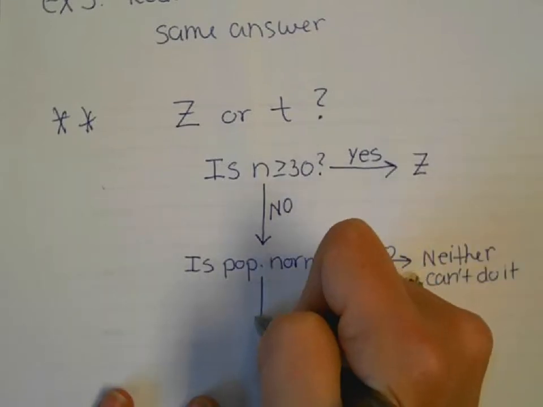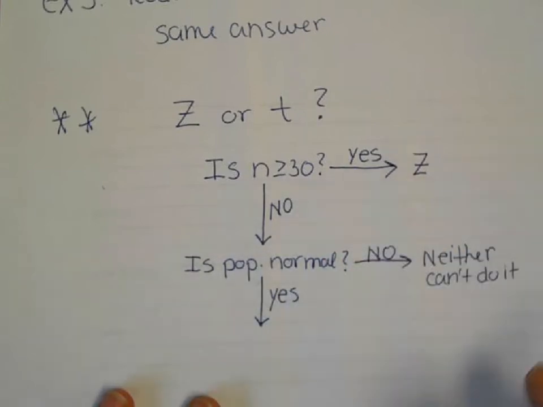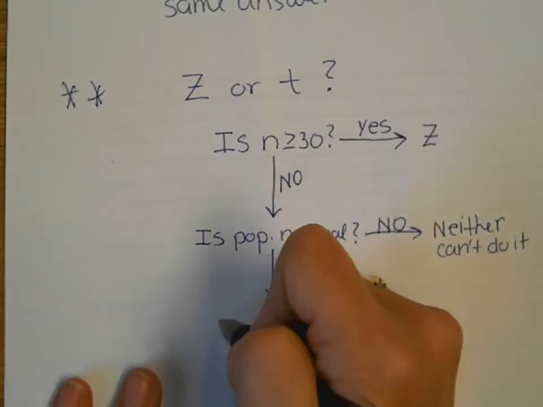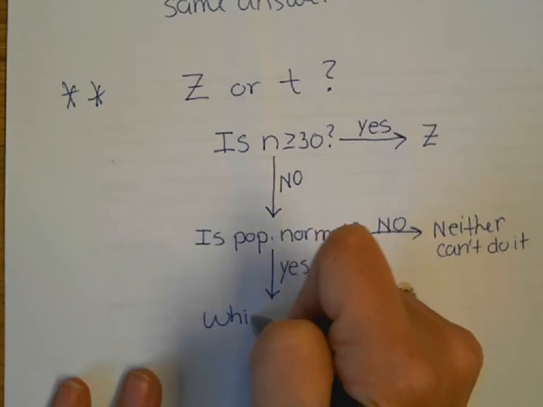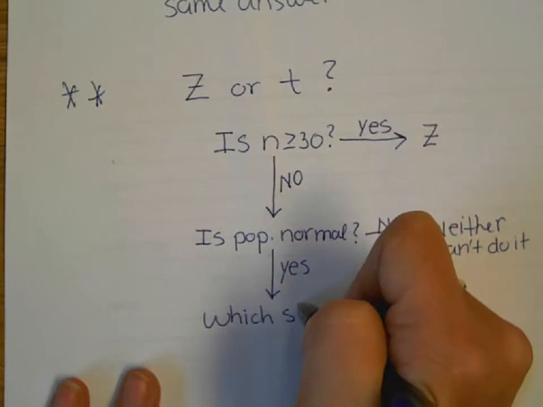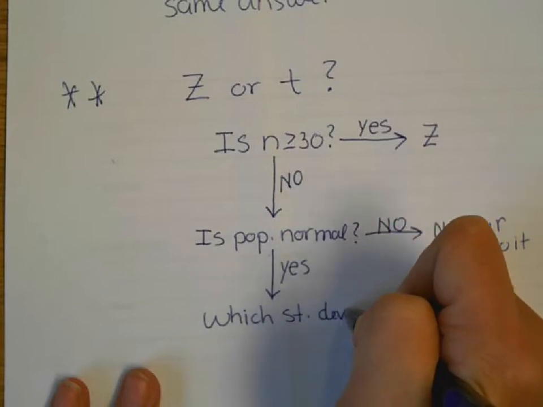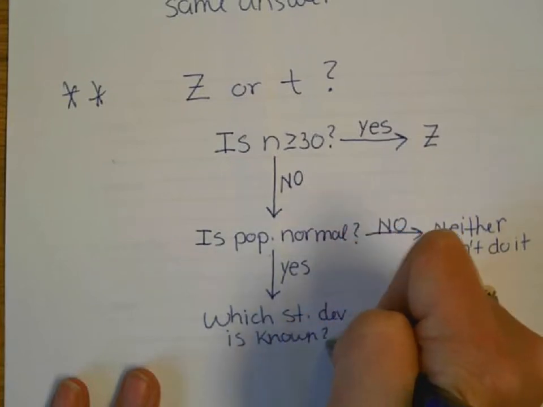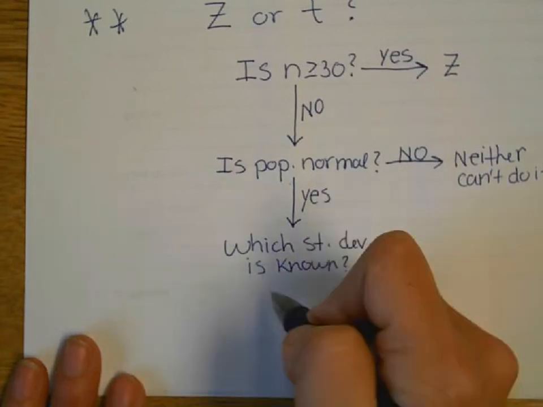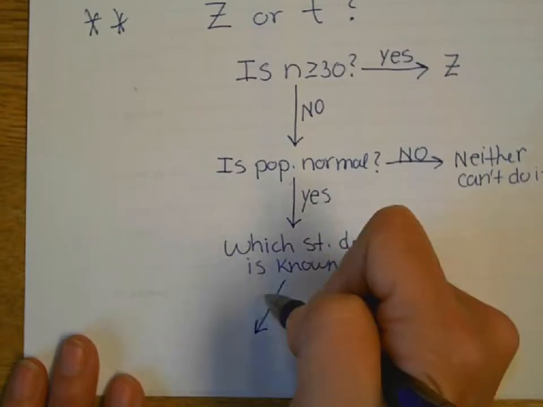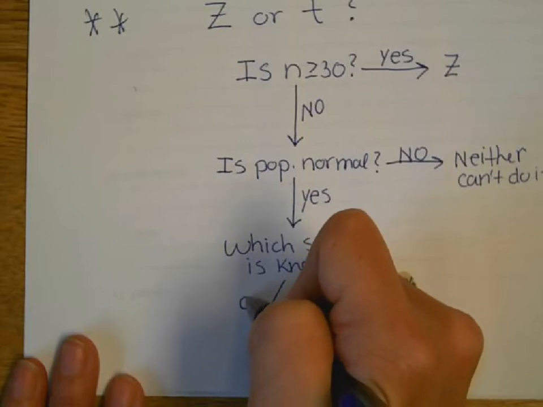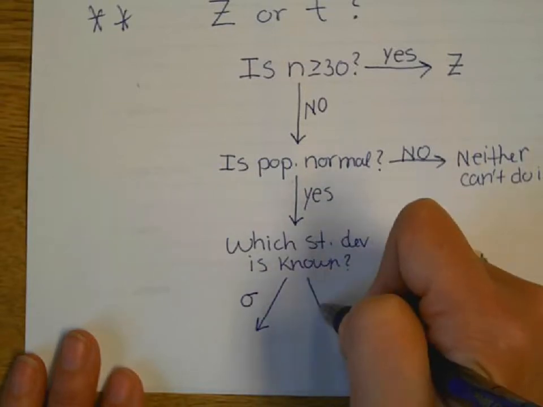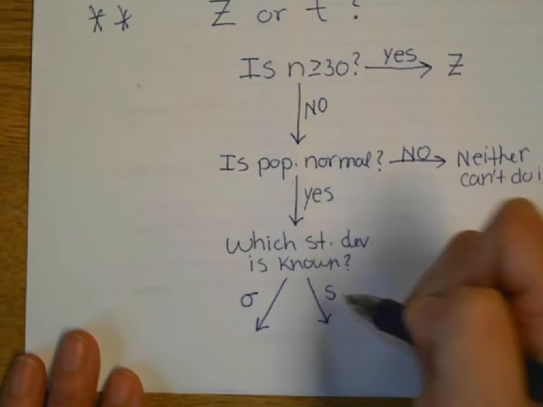Okay, if you answer yes, it tells me it's normally distributed. Then you have an option. Which standard deviation is known? If it's the population standard deviation, or if it's the sample standard deviation.